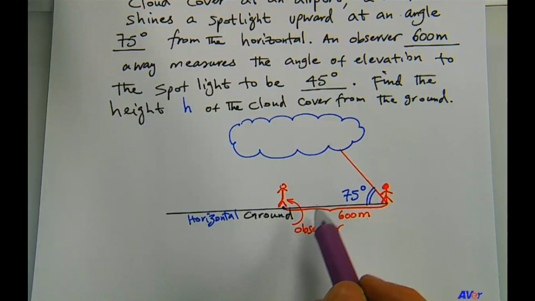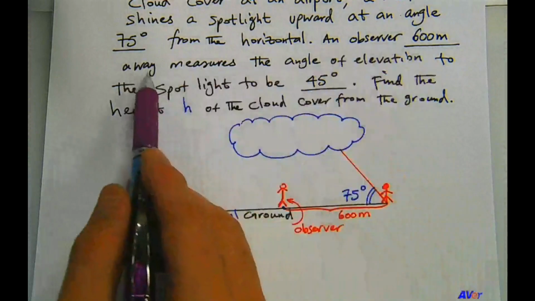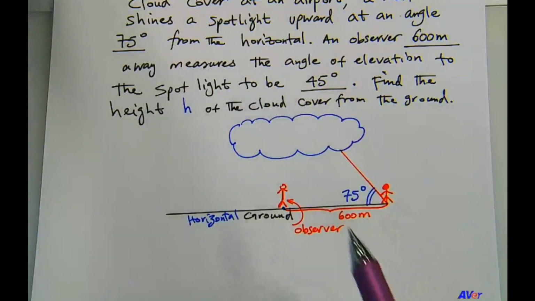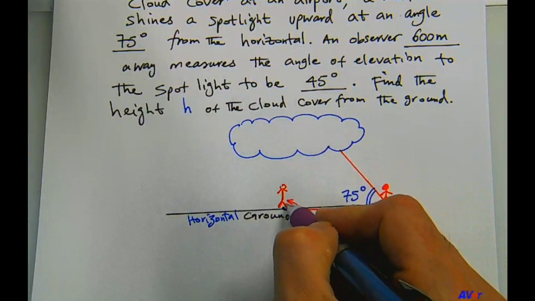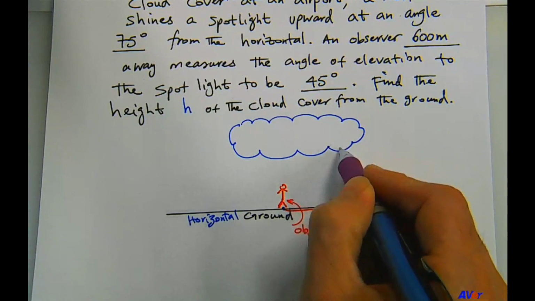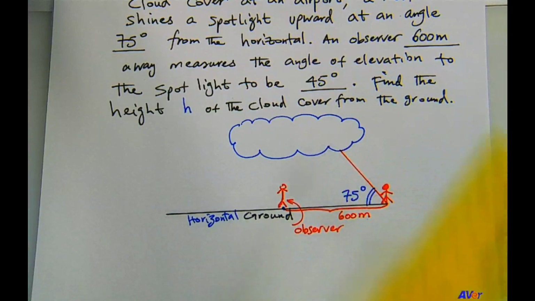Okay, and then an observer 600 meters away measures the angle of elevation to the spotlight to be 45 degrees. So this observer measures this angle from himself to this spotlight to be 45 degrees. So let's draw that.